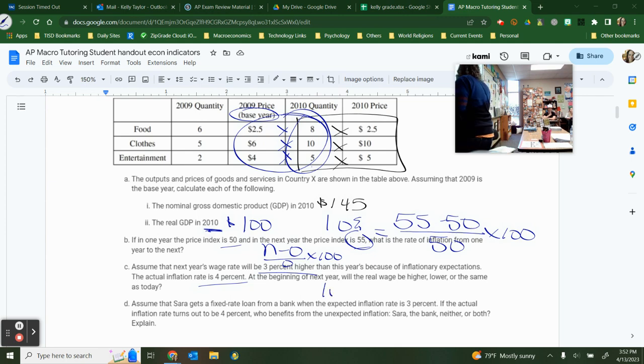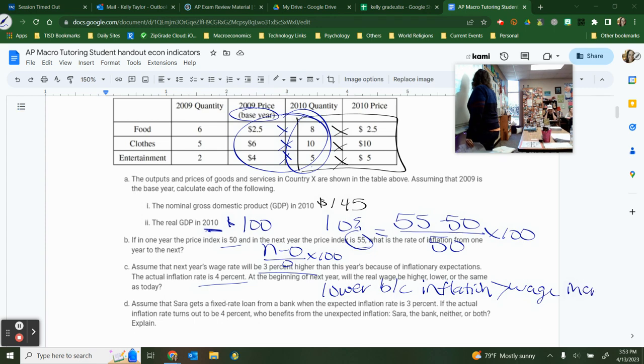Your real wage is going to be lower because inflation was greater than your wage increase. Because inflation went higher than that of your wage, your real wage actually fell. Do you have to explain? No, it does not say explain. So just the word lower is fine.